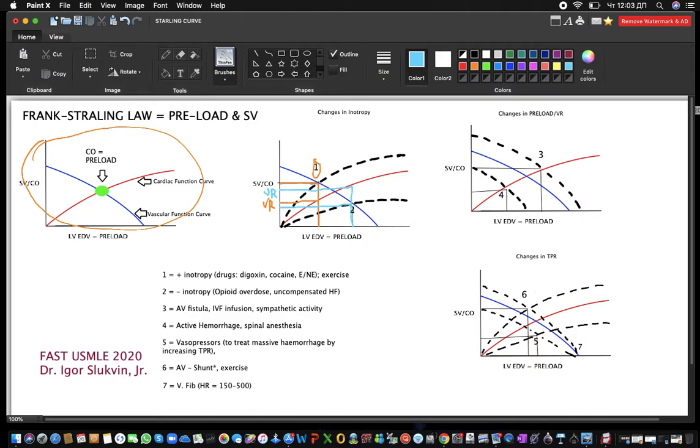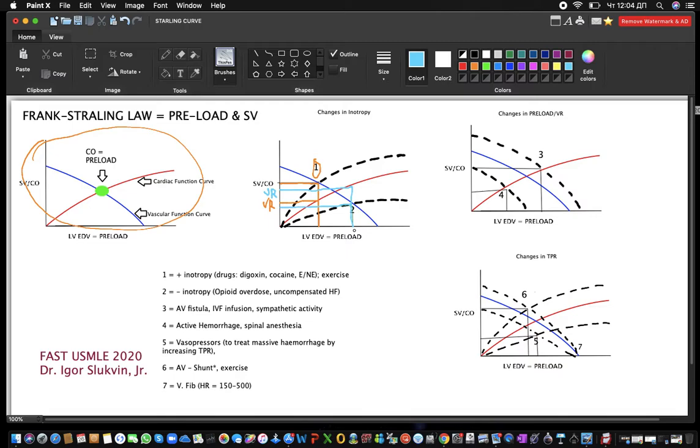See here in normal, we have this amount of venous return and this amount of end diastolic volume. And at point 2, for some reason, we have less venous return, but we're getting the same amount of end diastolic volume.